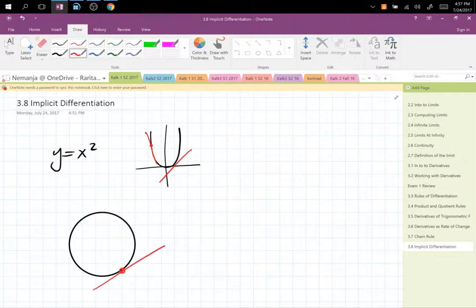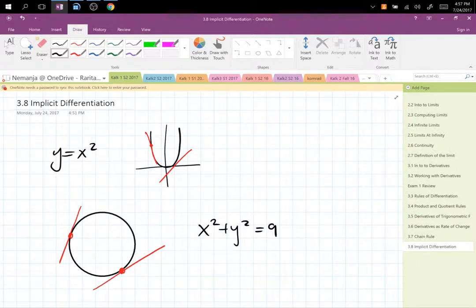But if you look at certain values, there are tangent lines again. So because there are tangent lines there, take the equation for the circle, let's say x squared plus y squared is equal to 9, the simple equation. It's not a function, yet we can take the derivative of it. So implicit differentiation is going to give us a way to take the derivative of anything.